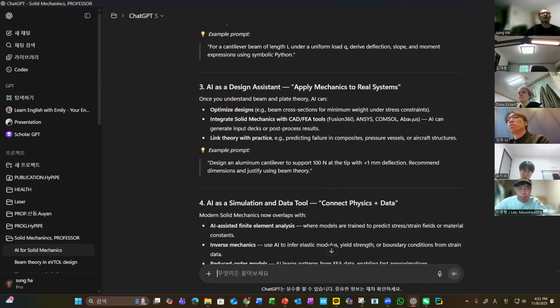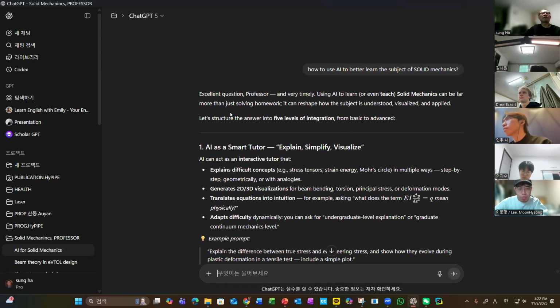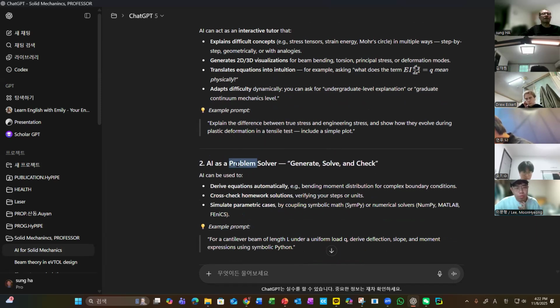Okay, question yourself, and then learn what it is saying. AI will be a great tool for tutorials, even much better than my tutorial. And as a problem solver, you can generate solutions and then check.